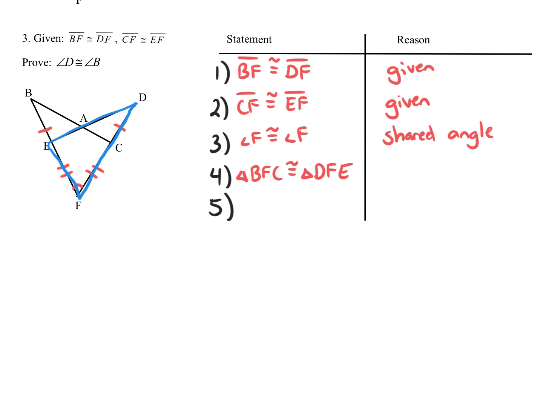Where are we going to get our reasoning from? It is going to be side angle side. Okay, remember this reasoning: whenever you state two triangles are congruent to each other, you're going to use one of our 5 congruent statements. Are we done here? No, why not?